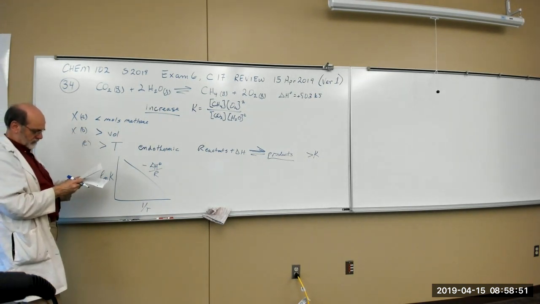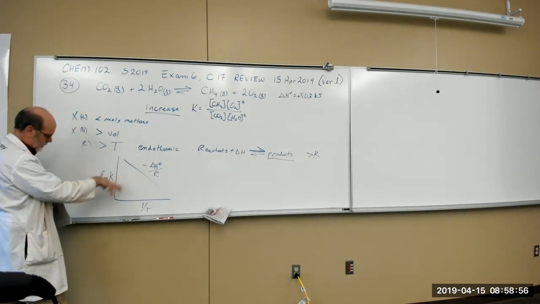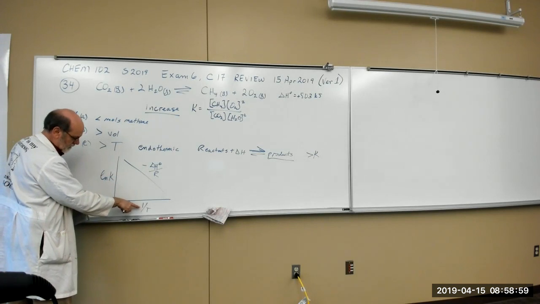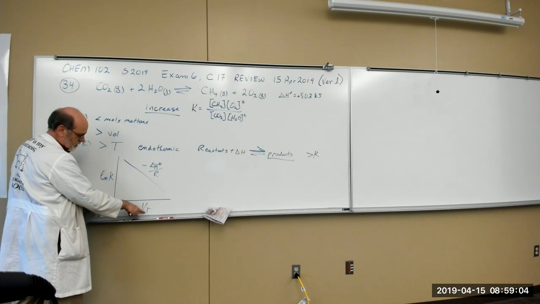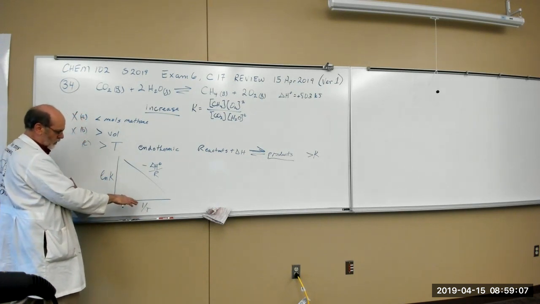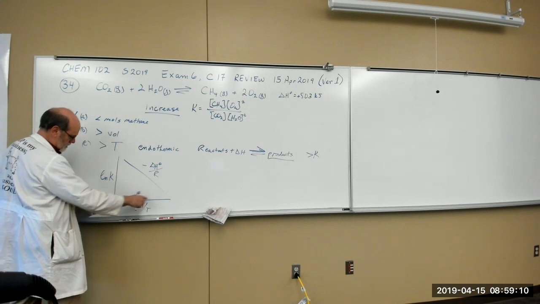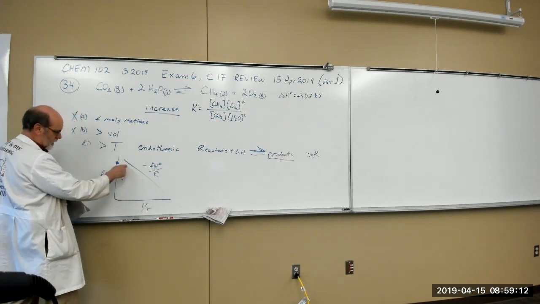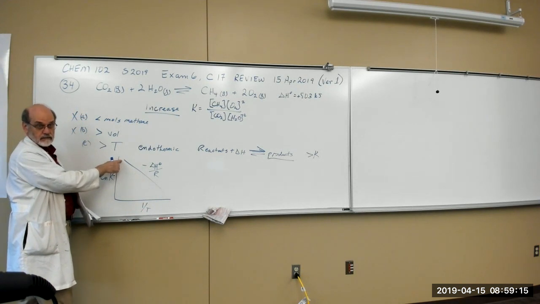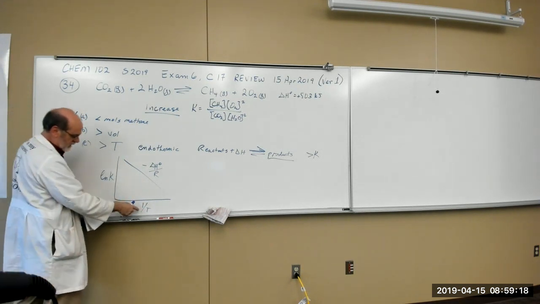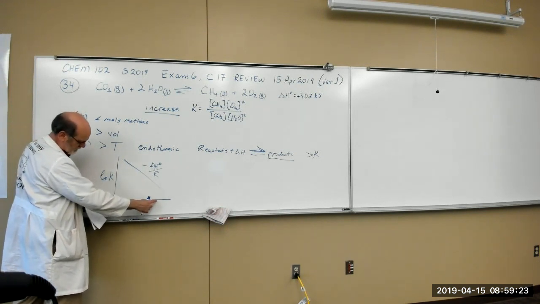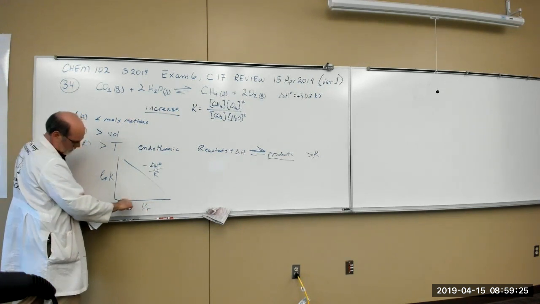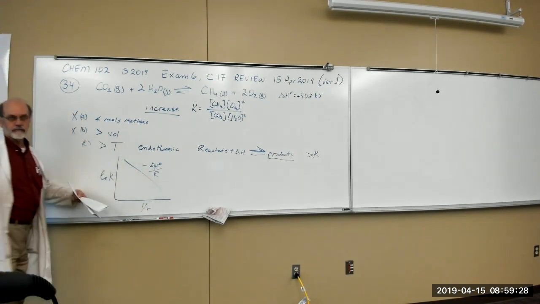According to this graph, if you increase T, you will decrease 1 over T. So as 1 over T decreases this way, we increase K. We just need to decrease this one, which is the same as increasing T, and to decrease this one, we go this way. So that increases K.